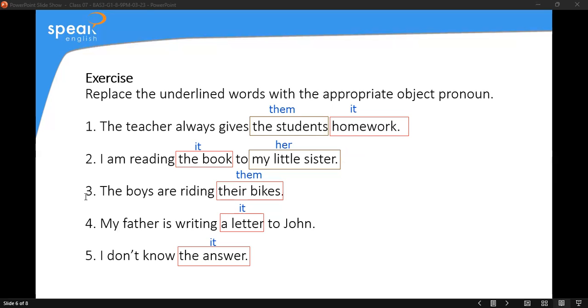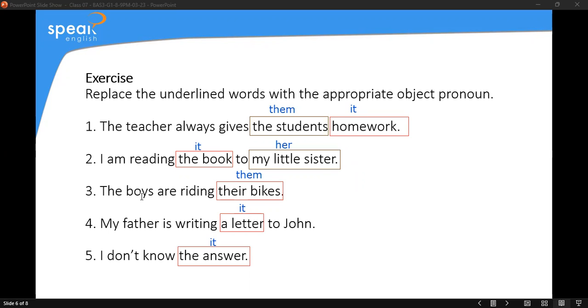Okay, very good. Number 3, do I have an indirect object here? Number 3? Okay, no. In number 3, we do not have an indirect object.